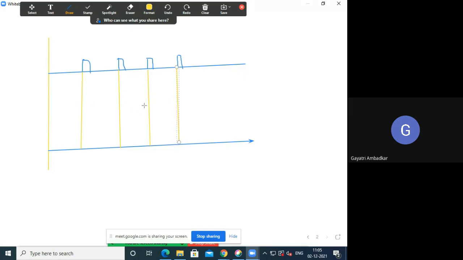This is, please show it by dotted line. The yellow color line, please show it by dotted line.